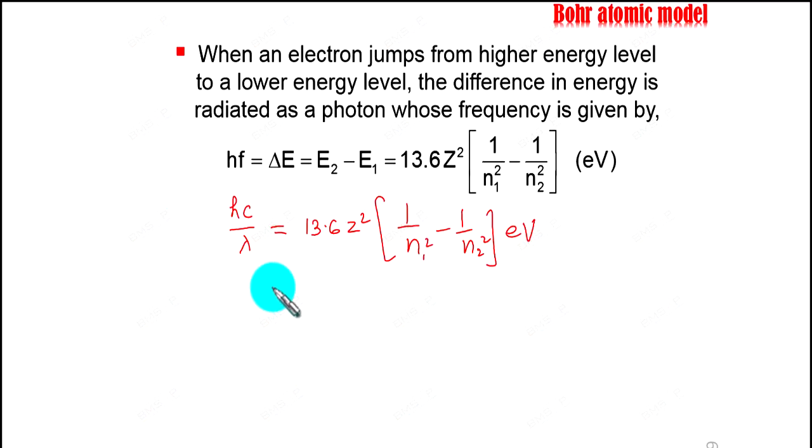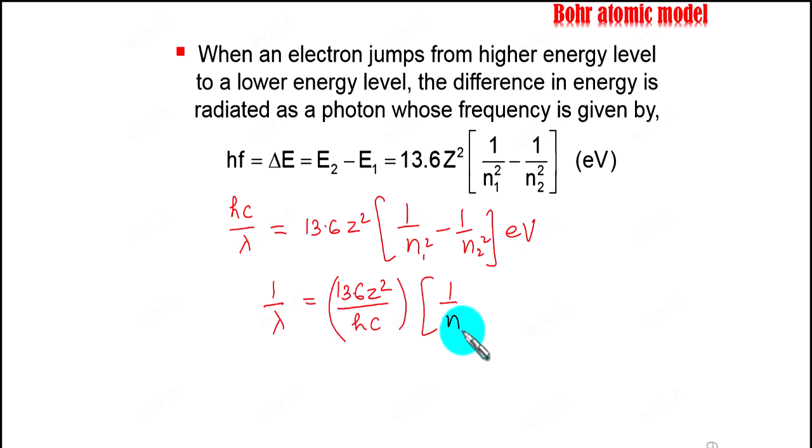And for calculating this value, we are interested in 1 upon lambda. So, 1 upon lambda equal to 13.6 Z square divided by hc, times 1 divided by n1 square minus 1 divided by n2 square.